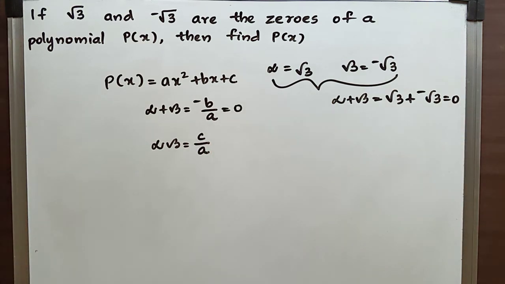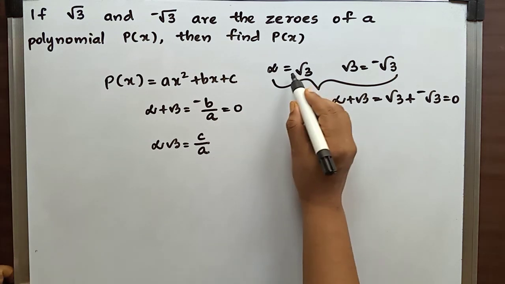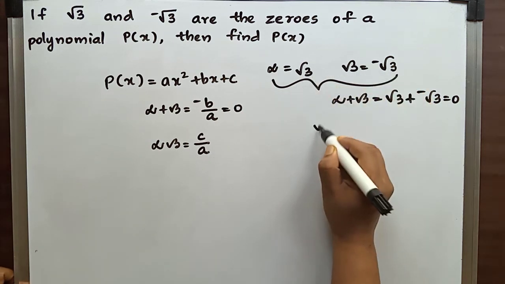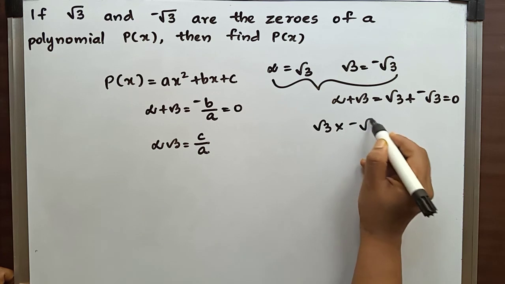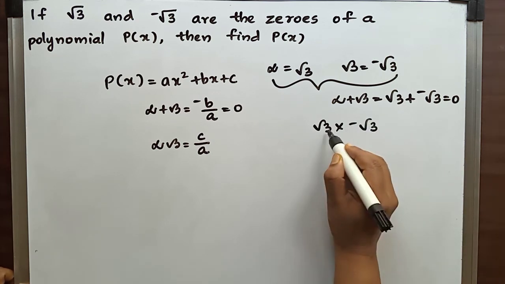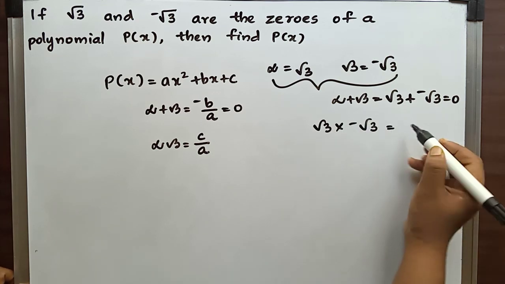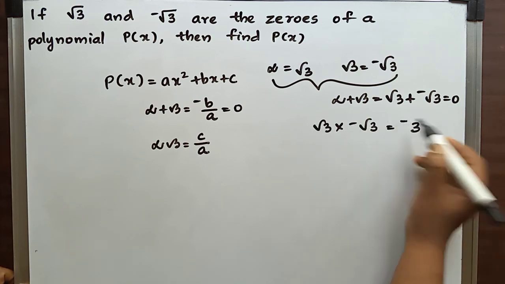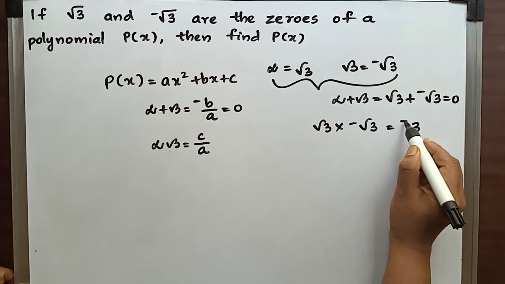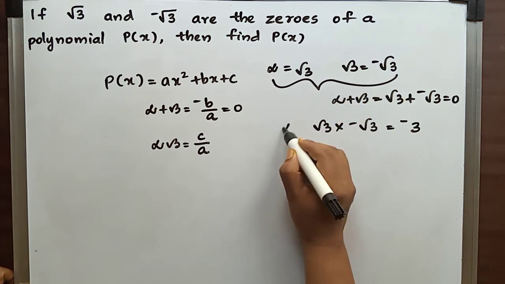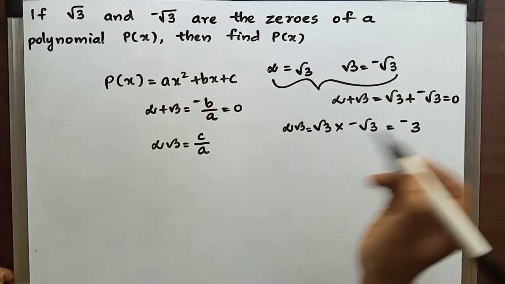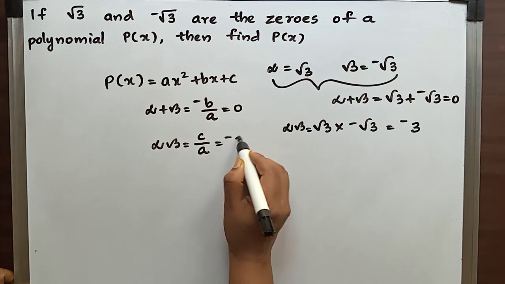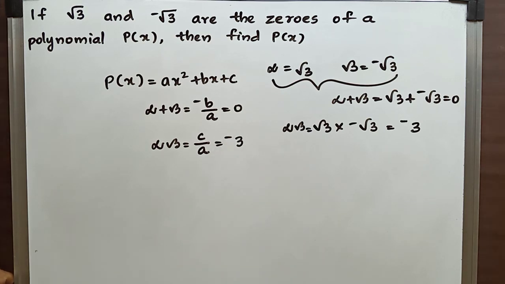Now what is alpha beta? Alpha beta is root 3 into minus root 3. Root 3 into root 3 is 3, and positive number into negative number is negative. So alpha beta is minus 3. So this can be equated to minus 3. Hope you could understand.